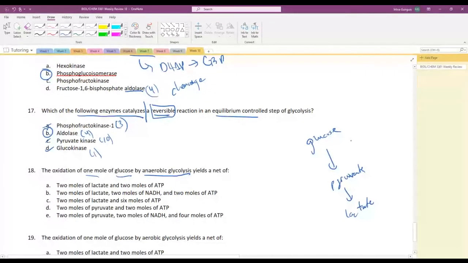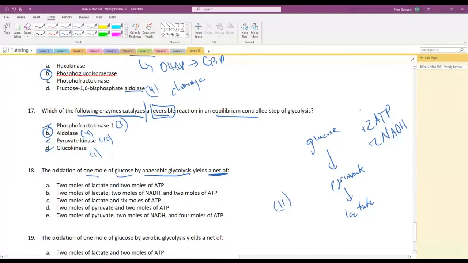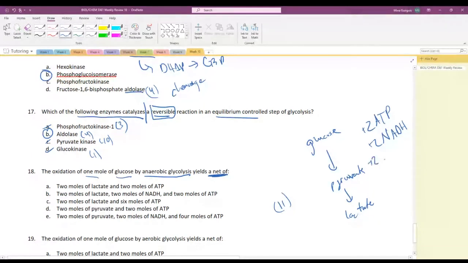In other words, it's the 11 steps, not the 10. Okay. So far we've been talking primarily about the first 10, and in those first 10, I know that the net, as it tells us, is plus 2 ATP, 2 NADH, and I guess plus 2 pyruvate if we want to think of it like that. This question does ask for that, pyruvate.